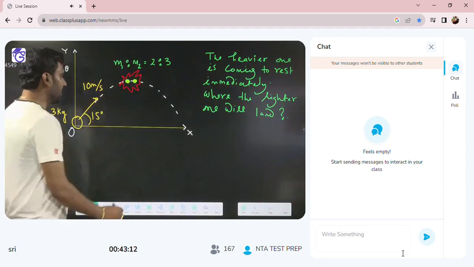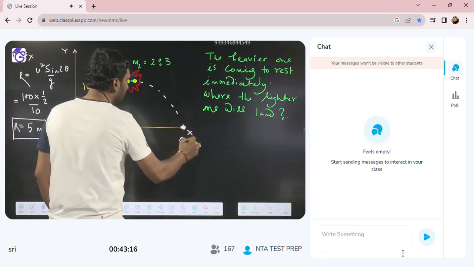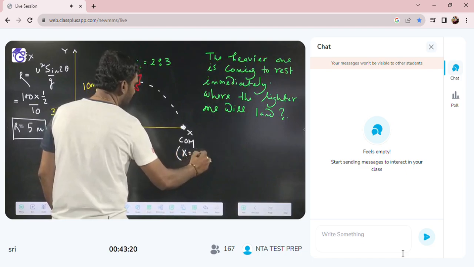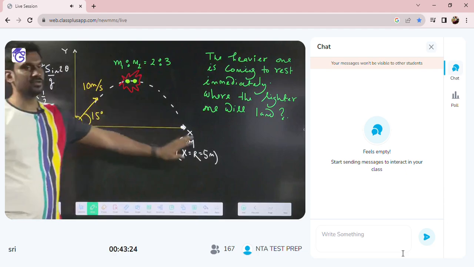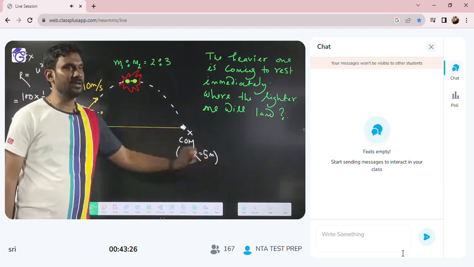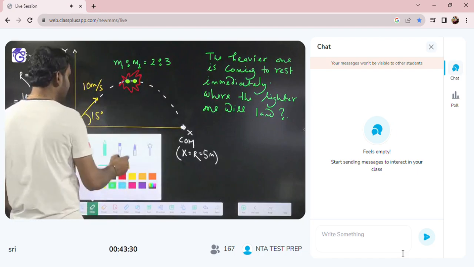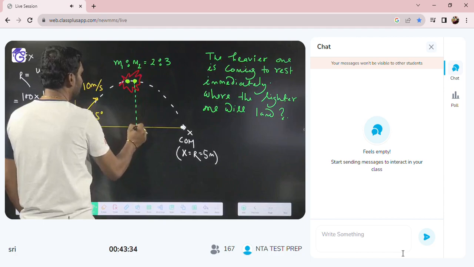So if the range is equal to 5 meter, this is the range. Center of mass will land here, that is x equal to R, which is equal to 5 meter. The heavier one is coming to rest immediately, so this one will fall here.